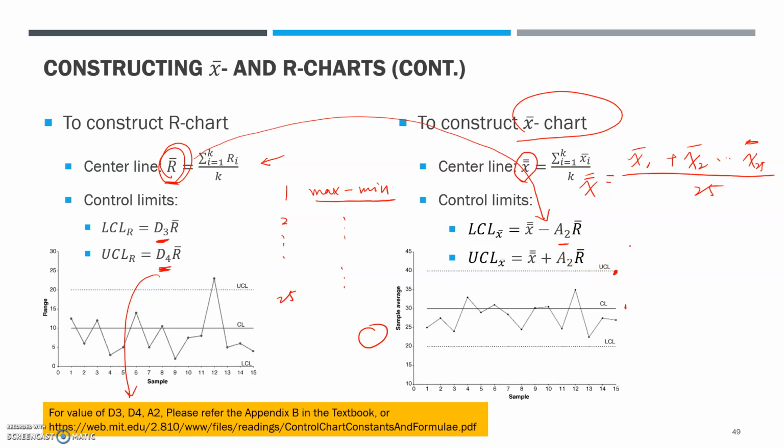Conceptually, this is important. The upper control limit is equivalent to X bar plus 3 standard deviations. However, like I said, because the sample size is too small, the estimation of the standard deviation is not accurate.